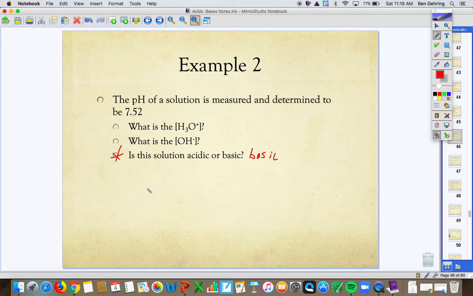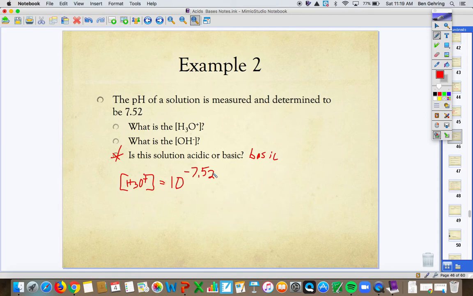Let's get the hydronium concentration. So I know that my hydronium is equal to the anti-log, or 10 raised to the negative 7.52. So if you plug into your calculators, you hit shift log, which should give a 10 raised to the power. Make sure you use a negative 7.52.